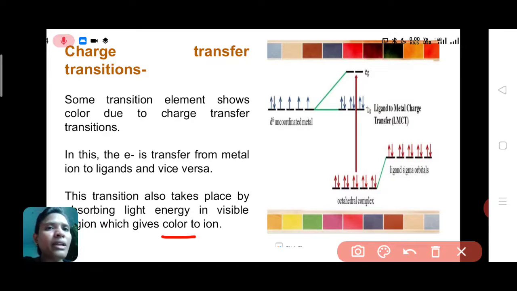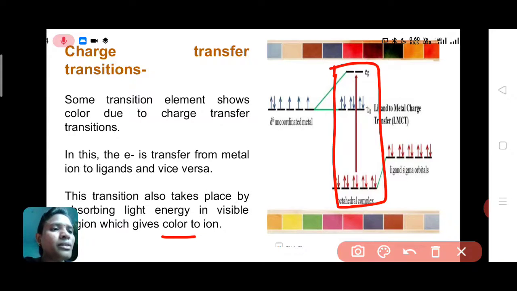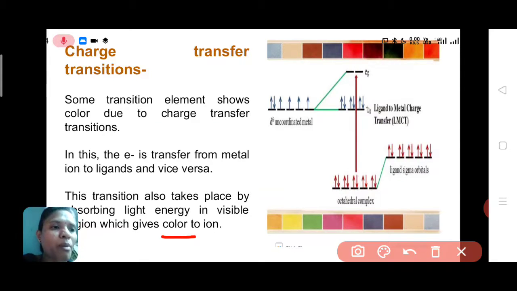This is called charge transfer transition. These electrons are transferred from metal to ligand or ligand to metal. These orbitals are formed by the bonding of metal and ligand. It depends on which light is absorbed by that particular complex compound.